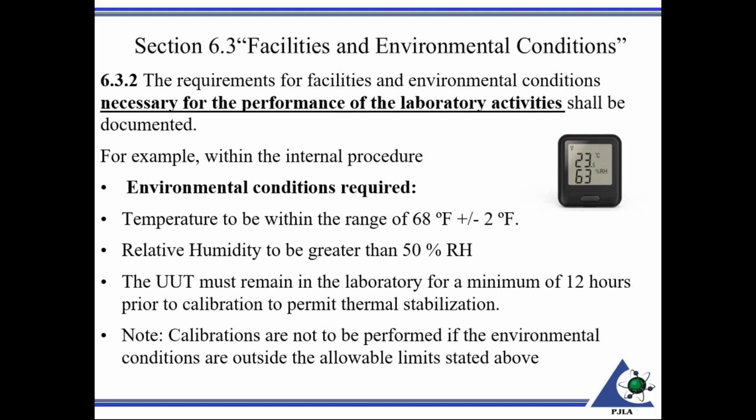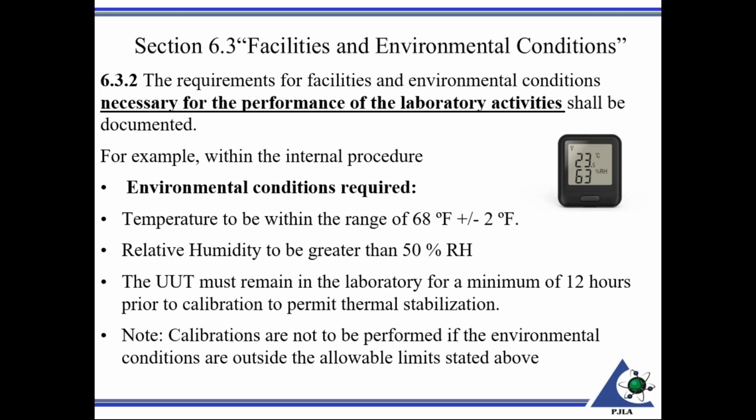So, for example, temperature should be within the range of 68 degrees plus or minus 2 degrees. Relative humidity could be greater than 50%. The unit under test in the laboratory shall stabilize for a minimum of 12 hours prior to calibrations to permit thermal stabilization. And if not, calibrations are not to be performed if the environmental conditions are outside the allowable limit stated above.